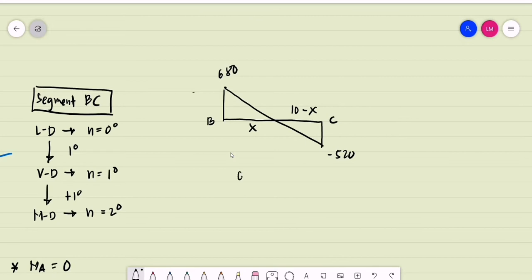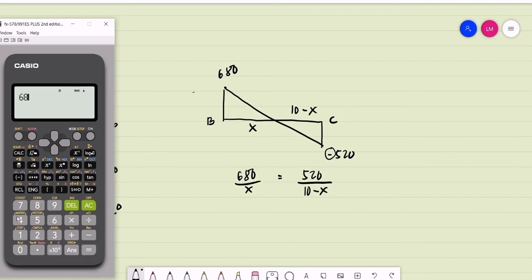So we can have the value of x by ratio and proportion of similar triangles. We have 680 is to x equal to 520 divided by 10 minus x. We are using absolute values, not the negative sign. So computing for the value of x, we use shift solve.